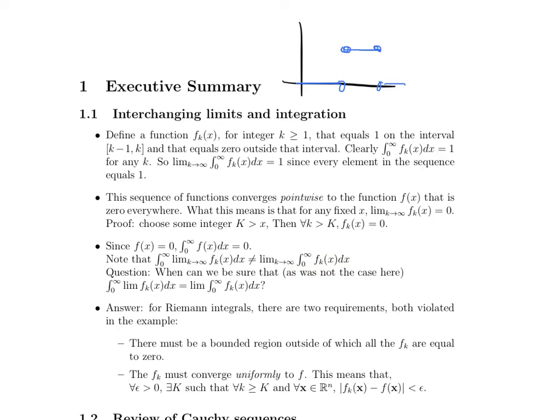For that interval where the function's 1, we can't pull the function values for those inputs towards the limit function. And that's true for every single k. There's always this interval where the function's equal to 1, the limit function is 0 everywhere, and we can't get any f sub k within epsilon of f of x across all the values for x.